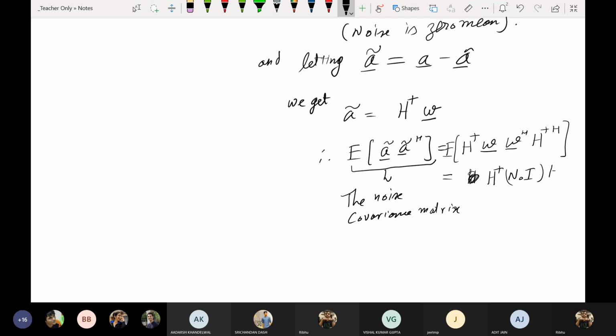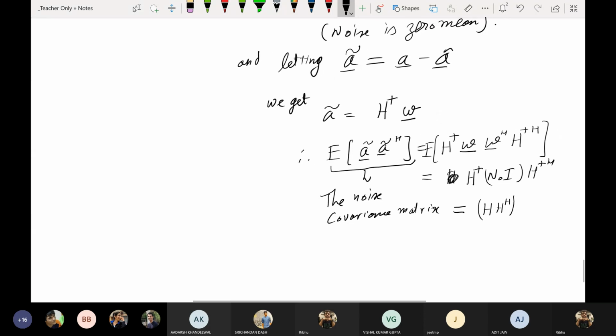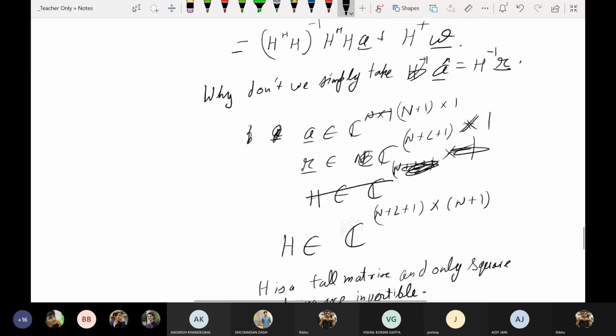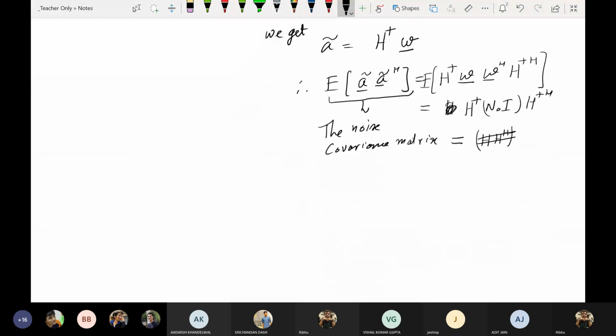So H Hermitian H, not H Hermitian. Inverse H Hermitian and not outside H. This you can try yourself, and this becomes N naught. This is the noise covariance matrix.